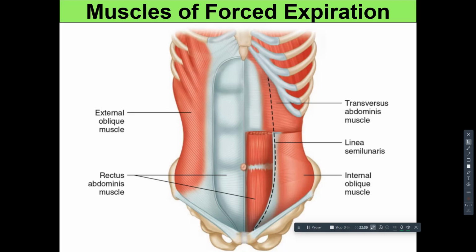And if you push the diaphragm up, the thoracic volume is going to get smaller, meaning the lung volume is going to get smaller. So contracting all of these abdominal muscles is going to help you breathe out, because by compressing your abdomen, you're going to push up on the diaphragm.